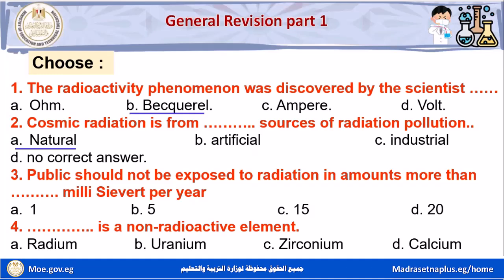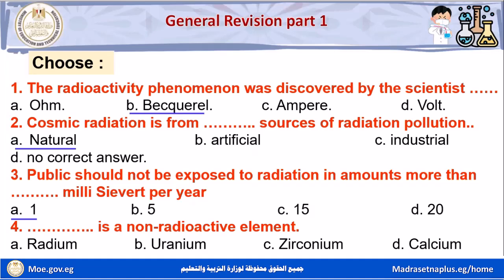Letter A, 1 millisievert, letter B, 5 millisievert per year, letter C, 15 millisievert per year, letter D, 20 millisievert per year. Public should not be exposed to radiation in amounts more than 1 millisievert per year.